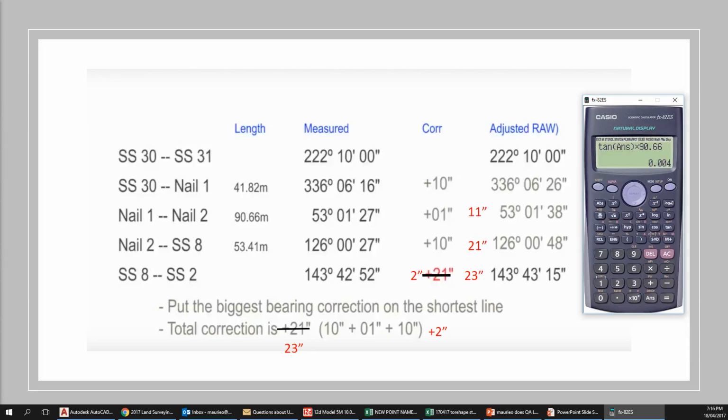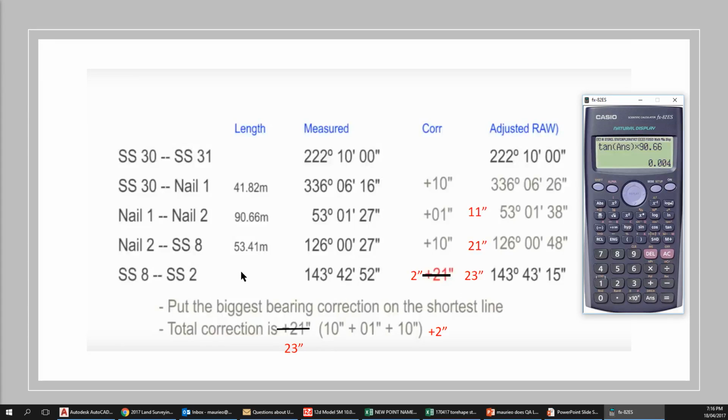It's gone through and calculated incorrectly a 21-second misclose. It should be 23, and then it said, right, well, I'm going to put 10 seconds of the error in these two shorter lines and 1 second in the longer line here to give 21. Well, it should actually add up to 23.